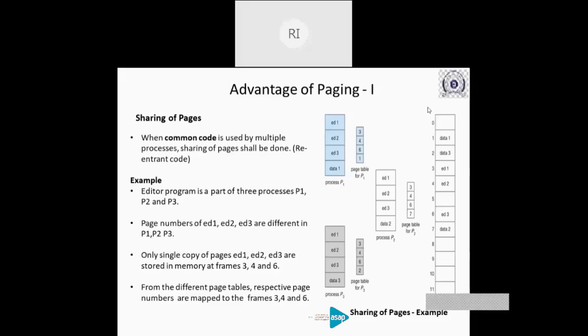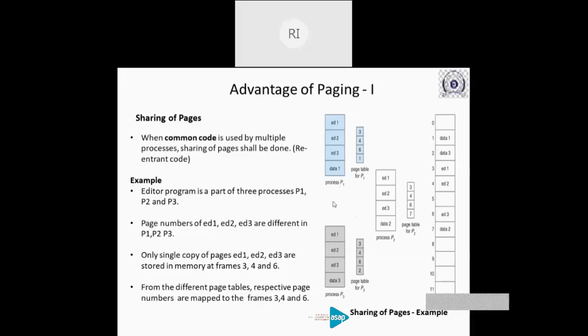You can see that page ED1 is stored in frame number 3. Page ED2 is stored in frame number 4, and page ED3 is stored in frame number 6.